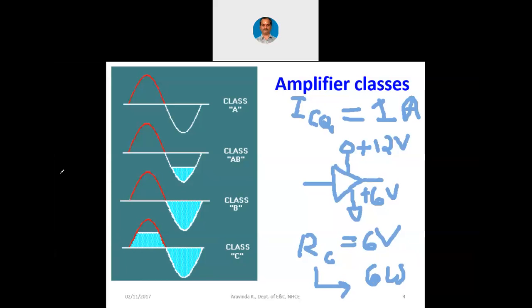Now, whether the AC signal is present or not, the transistor is working in the active region only. Across the transistor also, this wattage will be there. Across the resistor also, this wattage will be there. Means what? Across the resistor, 6 volts is there. 6 volts into 1 ampere is 6 watts. Across the transistor, the remaining 6 volts is there. The current is the same, 1 ampere.